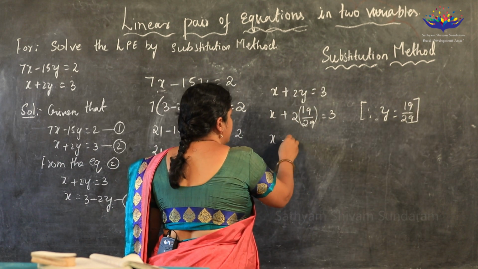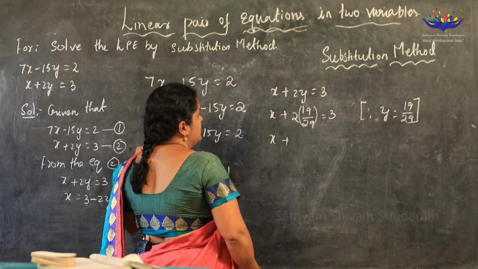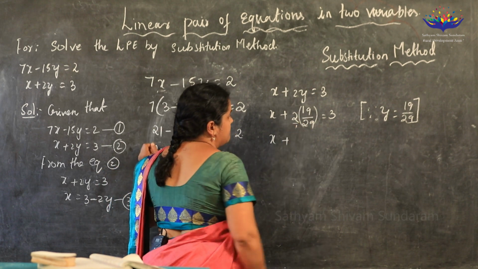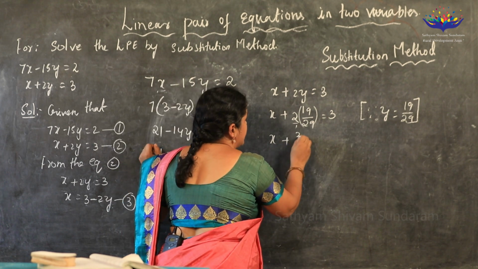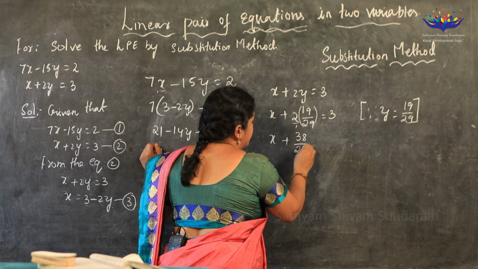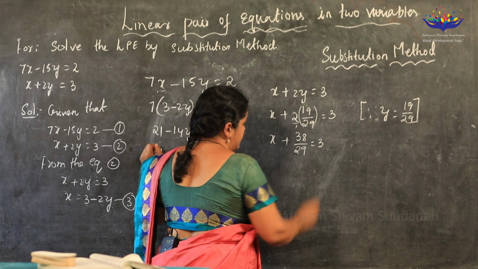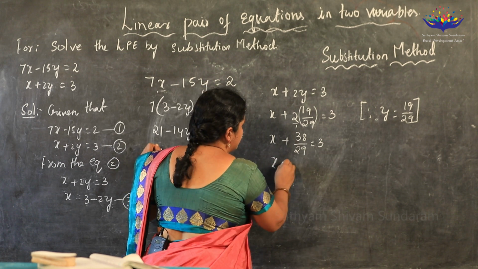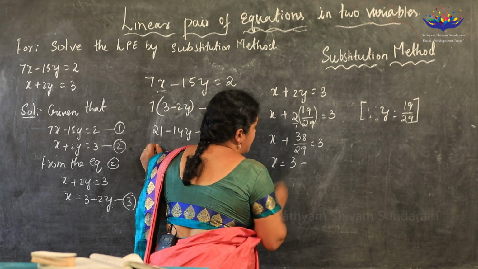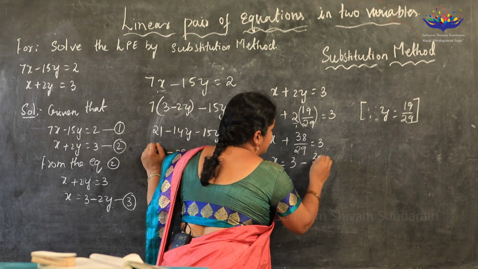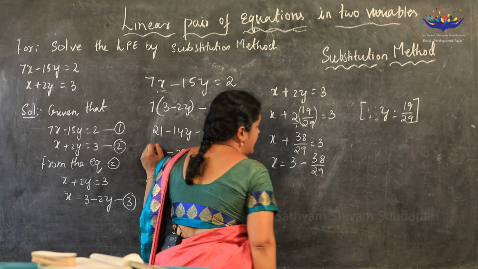Now 2 into 19, the 2 is in the numerator, so 19 twos are 38. So x plus 38 by 29 is equal to 3. Now x is equal to, when you send it to the right hand side, 3 minus 38 by 29.